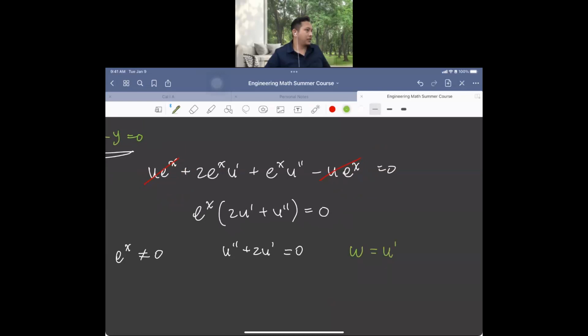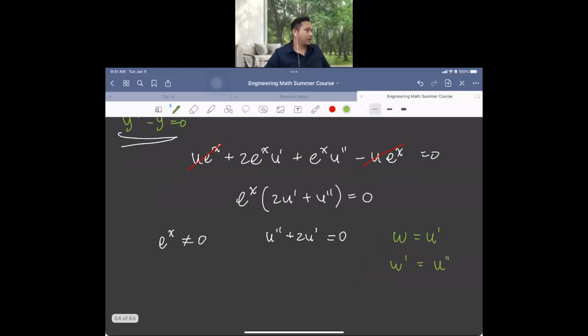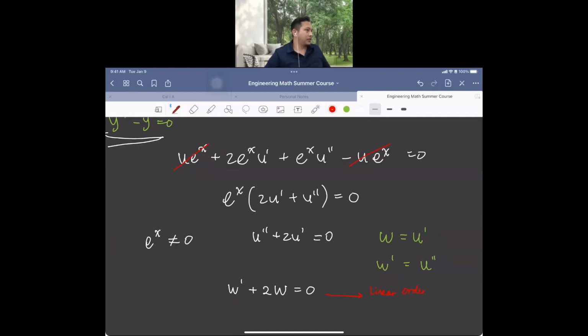Okay, if we make substitutions, that is w = u', and y' and u'' , we make a new equation that is w' + 2w = 0.